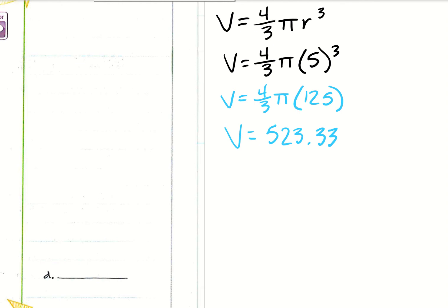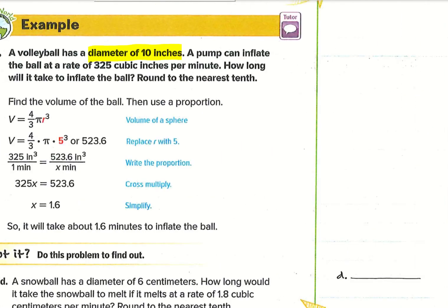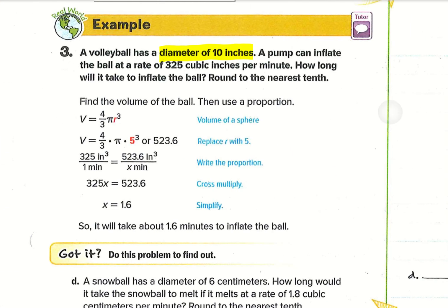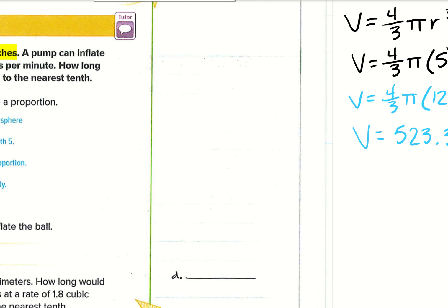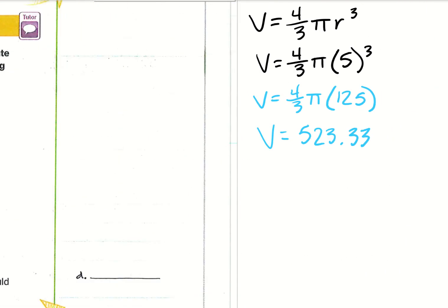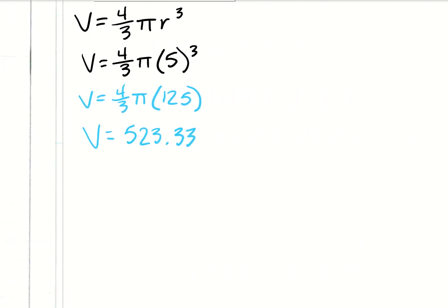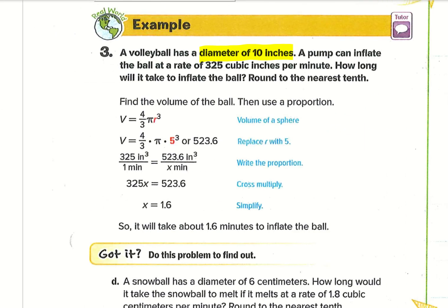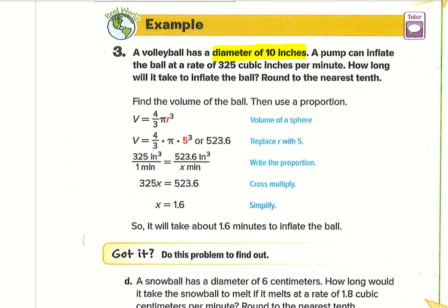I do have here that we got that our volume is 523.33, and that's inches cubed. Okay, and then it says that it takes the pump a rate of 325 cubic inches per minute.